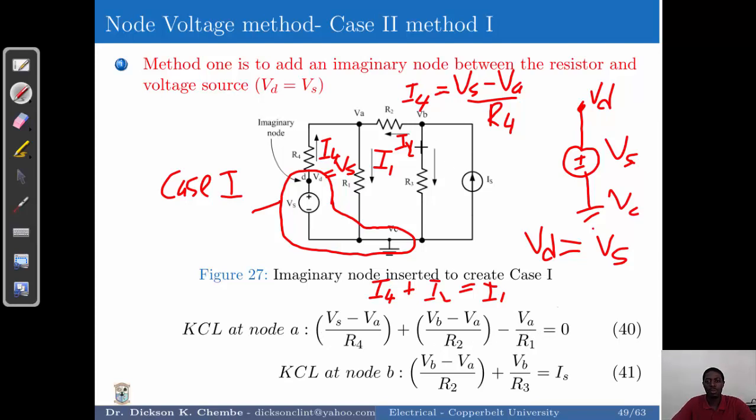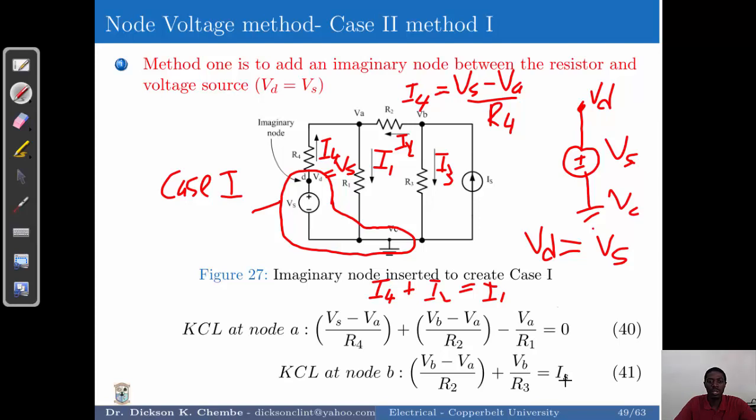And when we come to node B, it's the same scenario. So we've got I2 here and we've got I3 there. There's a current leaving, which is I2, and I3 is leaving, and we've got Is entering. So the sum of currents that are leaving must be equal to the sum of currents that are entering, which is, in this case, I2 plus I3 must be equal to Is.